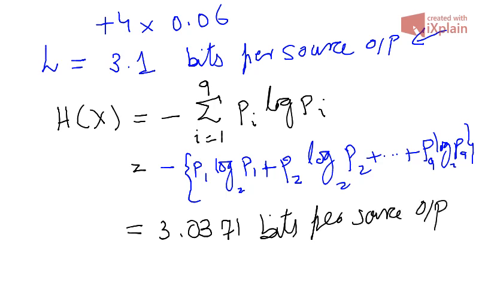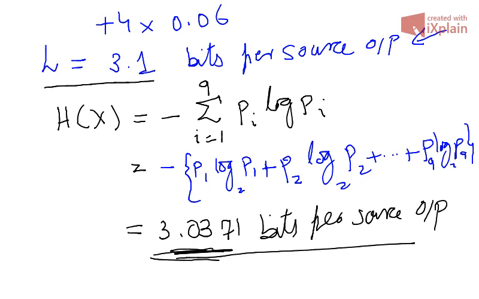So the entropy, which is the lower bound, says that for these 9 unique alphabets you need 3.03 bits of memory per source output. For each source output you need on average 3.0371 bits, and the Huffman coding gives us 3.1, which is quite close to this lower bound. So Huffman coding is one of the efficient coding techniques which is used for compressing files.